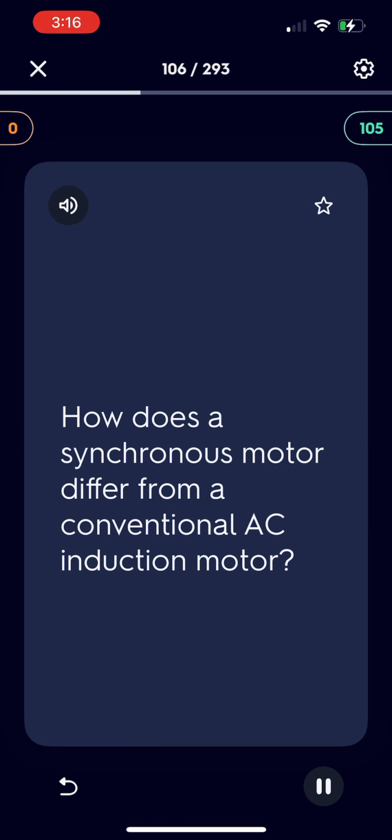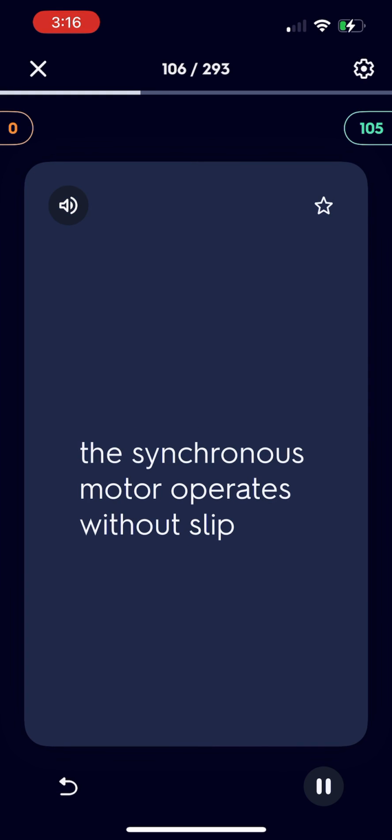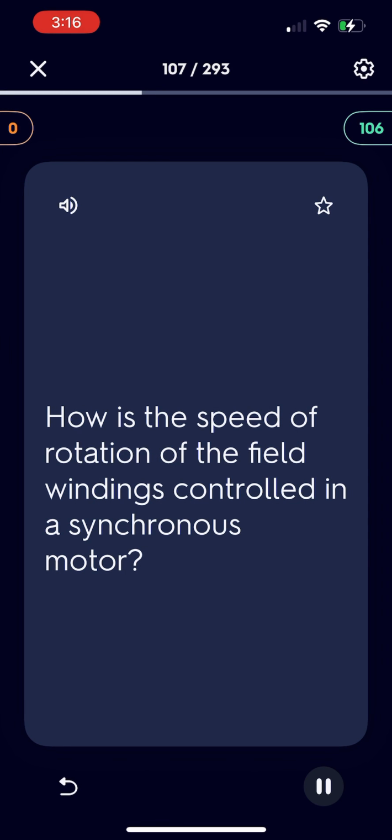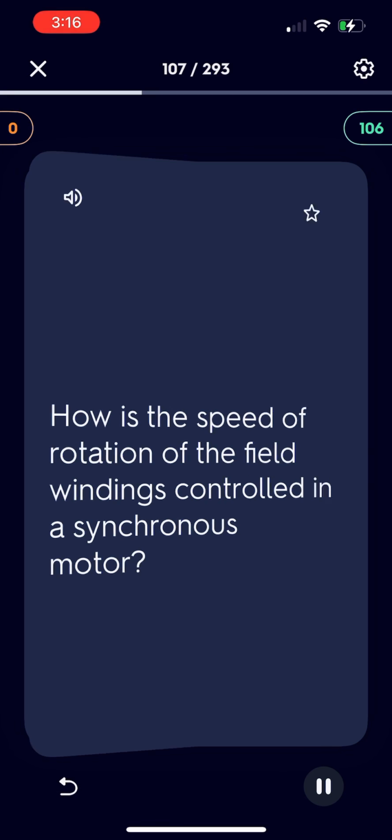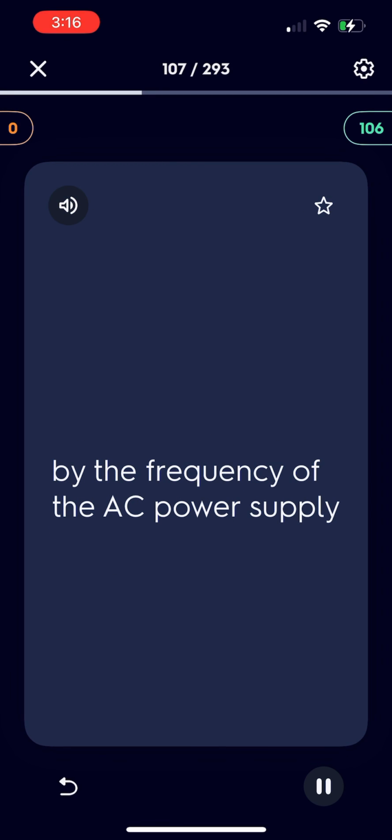How does a synchronous motor differ from a conventional AC induction motor? The synchronous motor operates without slip. How is the speed of rotation of the field windings controlled in a synchronous motor? By the frequency of the AC power supply.